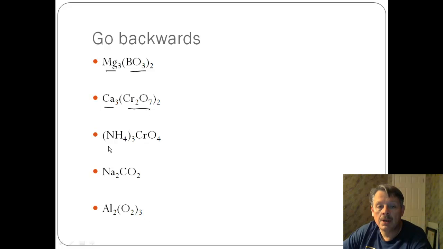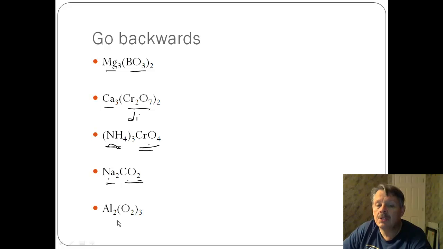So this one right here is going to be ammonium, and the CrO4 is chromate. So this is dichromate, and this is just chromate. And this is sodium and CO2. Well, CO3 is carbonate, so CO2 is carbonite. So this is sodium carbonite.